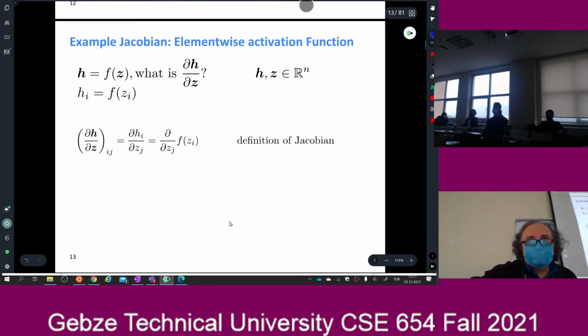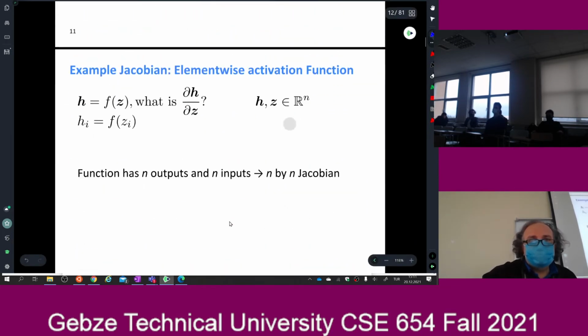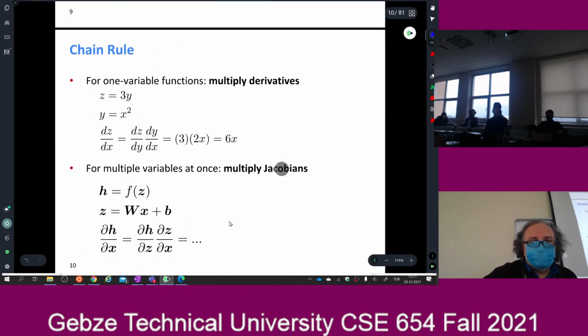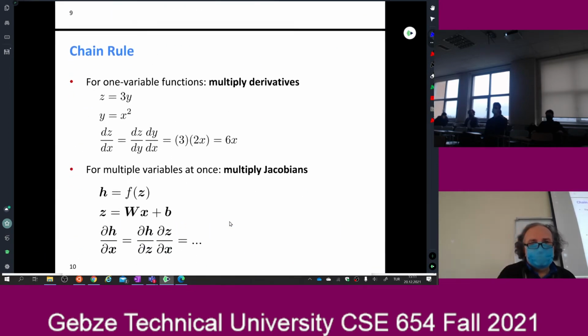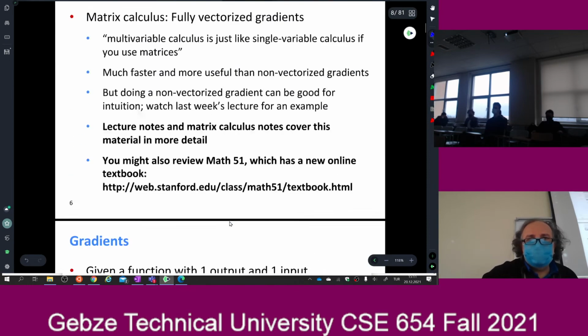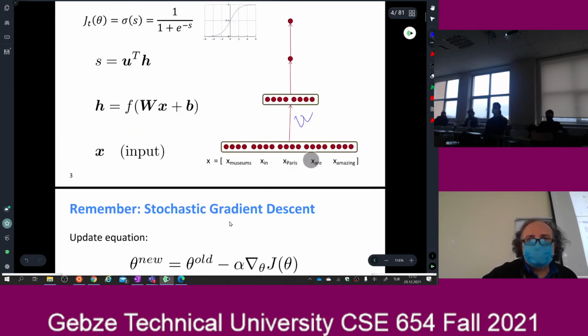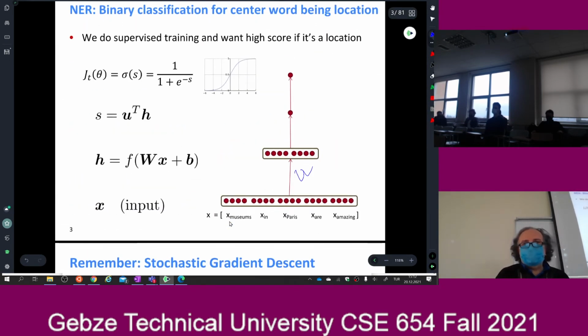So h is the next layer. Remember this one? x is our input, a 20-dimensional vector. W is our 8 by 20 matrix.